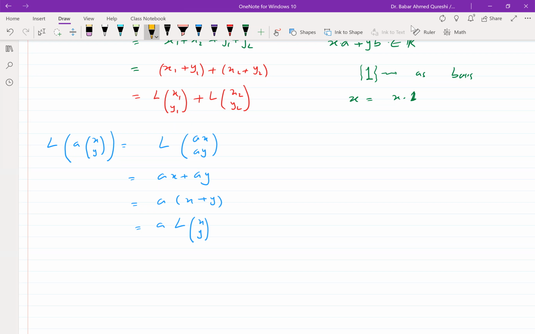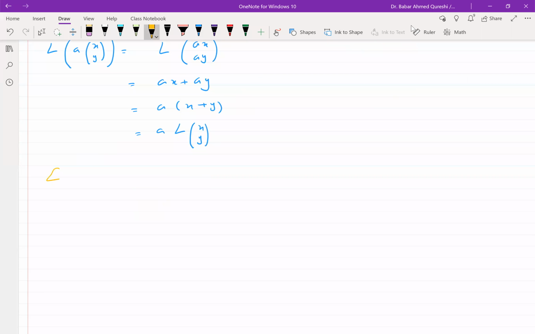Let me give you another example. This is also from R2 to R, and I define xy, under this linear transformation, it goes to x square plus y square.